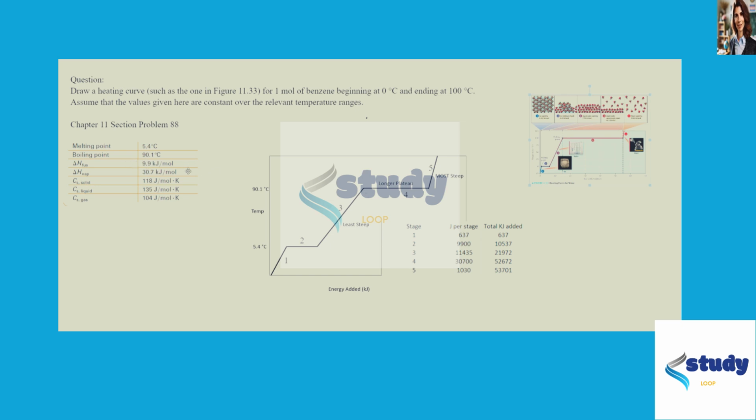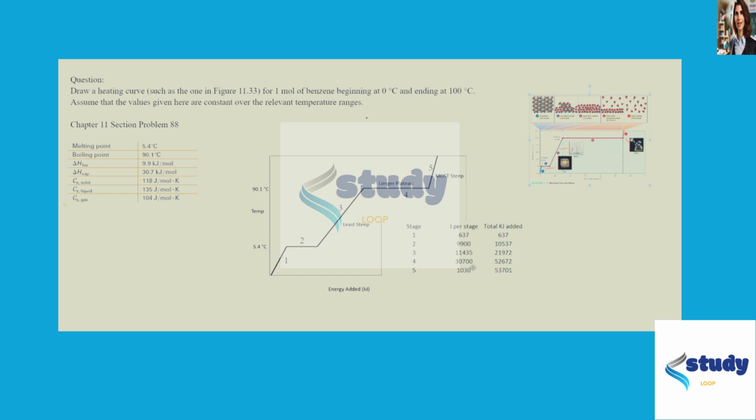So it takes more energy to convert each molecule that's in the liquid phase to the gas phase than the previous step. So that's represented on the graph as a longer plateau. Finally, in section 5, we have the steepest line here, because it takes the least amount of energy to raise it by a degree Celsius.